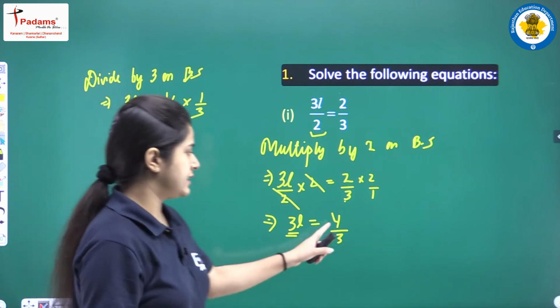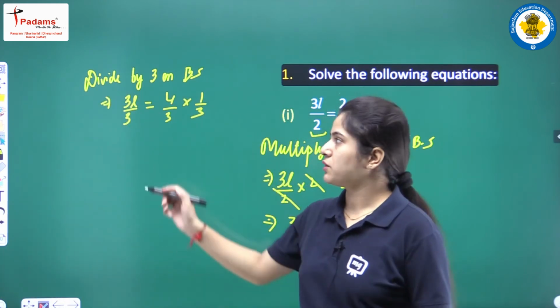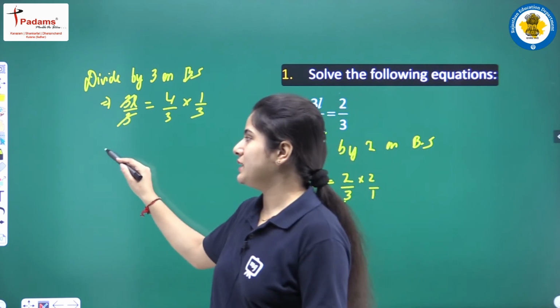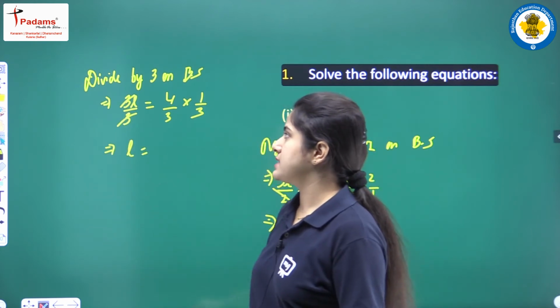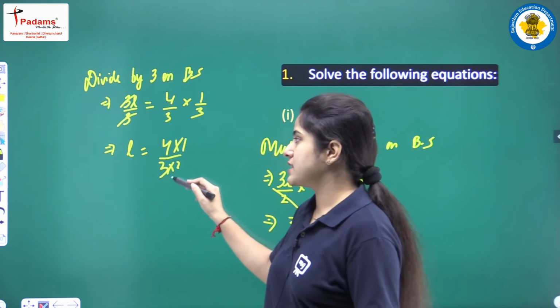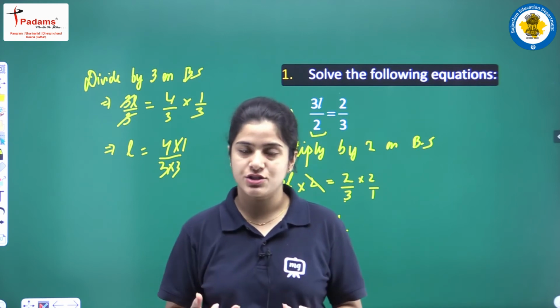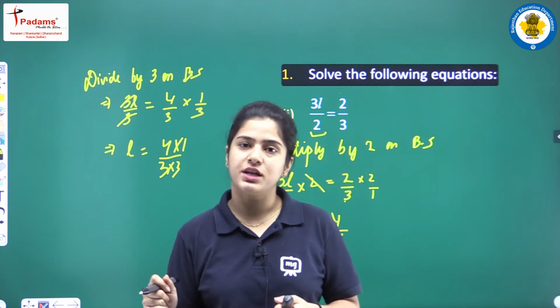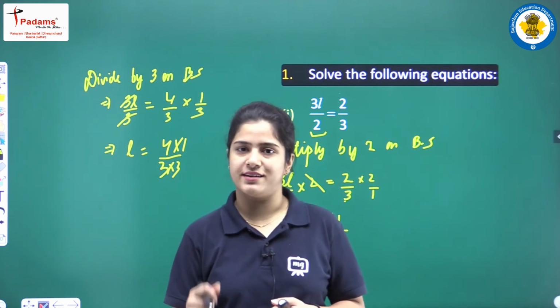Okay students, have a look. 3 and 3 will cancel out each other students. What is left? Only and only L is left. This L is equals to 4 into 1 upon 3 into 3. Because if you want to multiply fractions, then the product of the fractions is equals to the product of the numerators upon the product of the denominators.